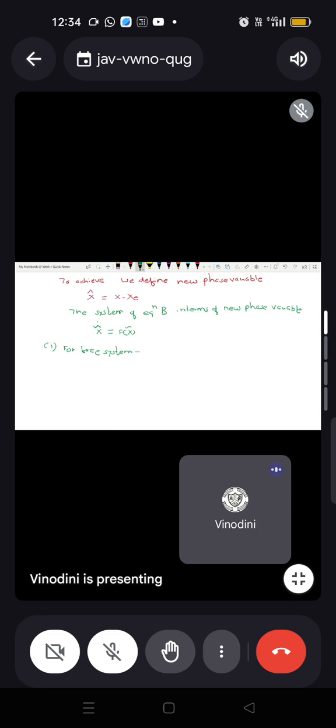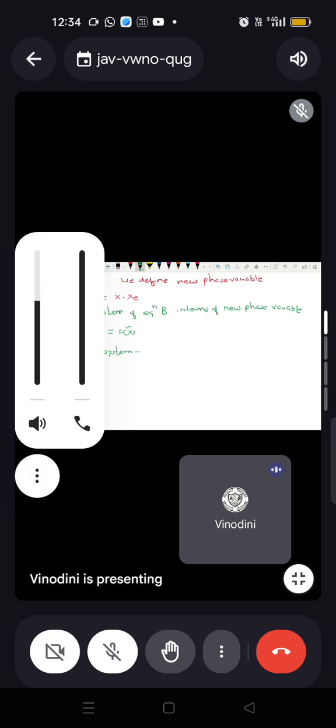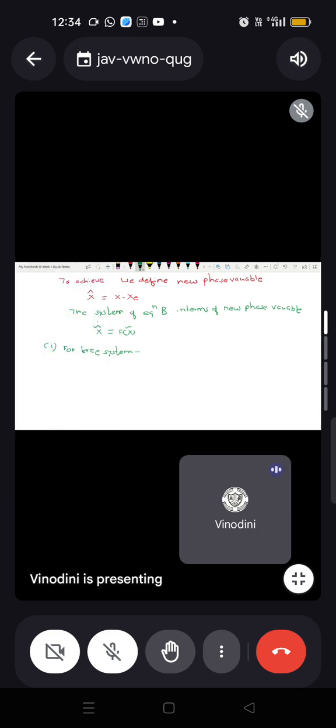Initially, if the capacitor or the inductor is there, it may be charged and magnetized, but the input is taken out at t equal to 0. There is no input, so it becomes a free system. And when a source is applied at t equal to 0, it becomes a forced system.